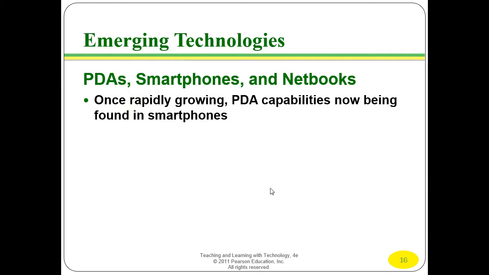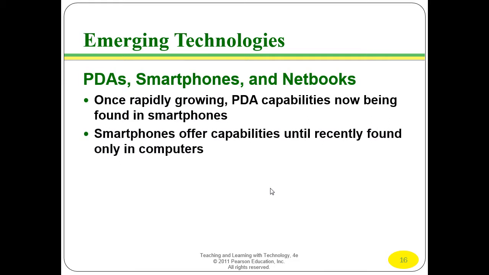But now smartphones are becoming more and more capable. They're just about as good as a PDA now, and so we're starting to see fewer and fewer PDAs out there. And now smartphones are starting to get to the point that they're just as capable as some PCs.